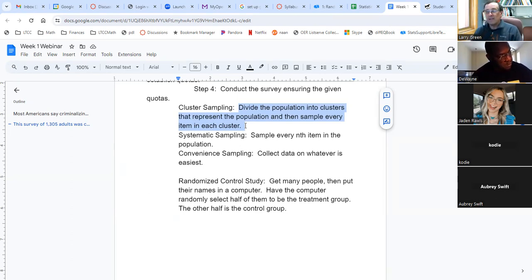You can take your map and divide by acres, using some geographical kind of sense. And then you can say, well, let's pick some acres in the higher elevation. Let's pick some acres that are kind of closer to water. Let's pick some acres that are maybe drier. Okay, so that it kind of represents the population of Sierra Nevada.